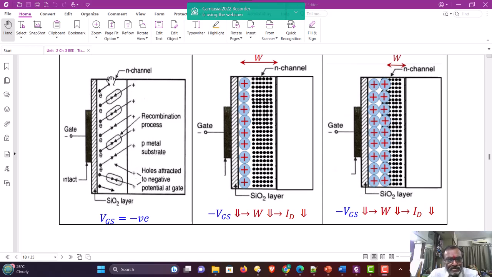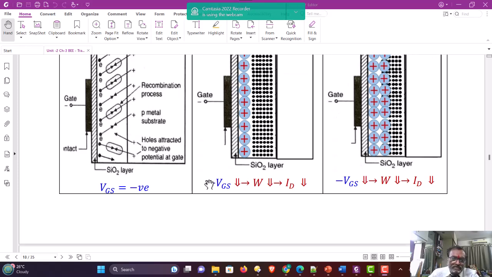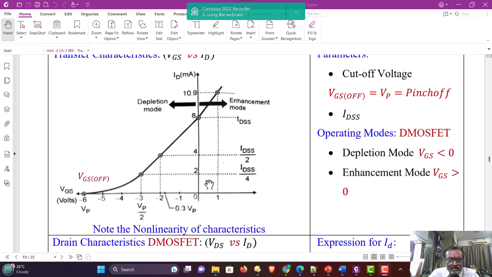So more electrons are available when positive voltage is applied and therefore current will increase when the drain supply is connected. As you go on increasing the value of VGS in the positive direction, drain current further increases above IDSS linearly.